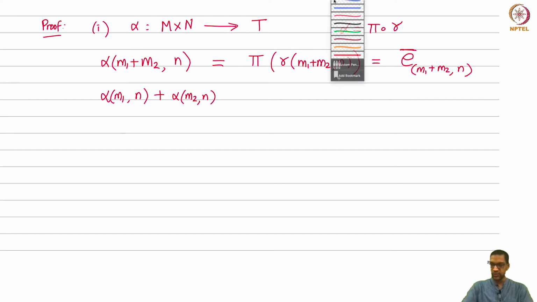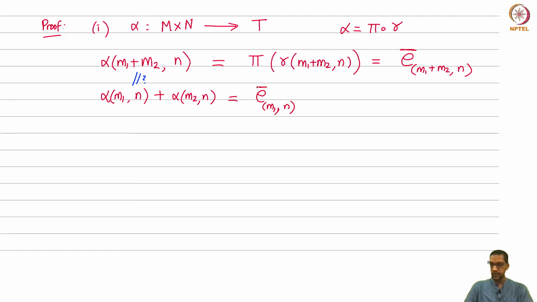We need these two things to be equal. So the question is, are these the same? So let's verify. I will compute the other side. This, by the same token, is the coset of e(m1, n), plus the coset of e(m2, n).